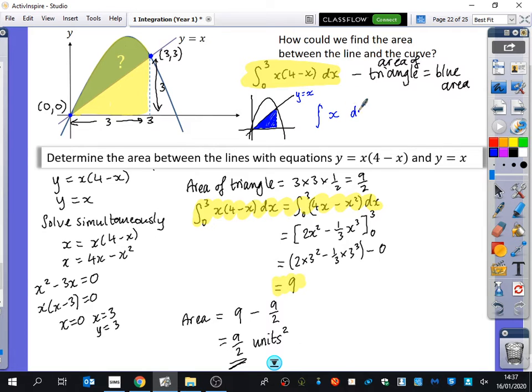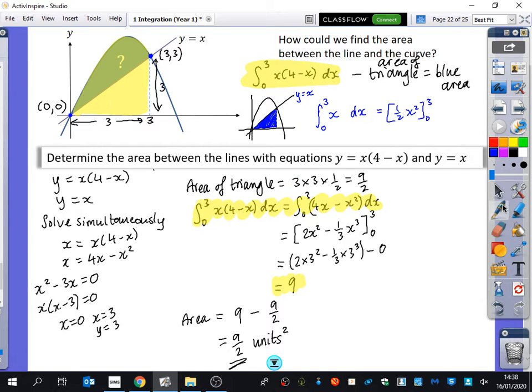I could just integrate x with respect to x between 0 and 3. If you do that, you'll very quickly see it's going to be a half x squared between 0 and 3, and you get a half of 3 times 3. So it's the same thing. That's actually what the area of the triangle is going to be.